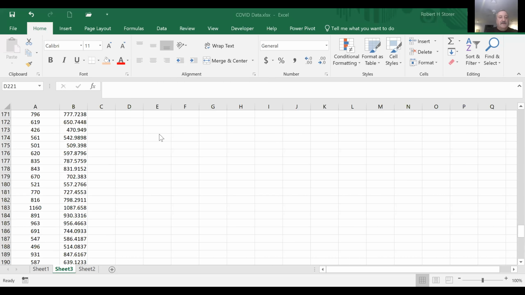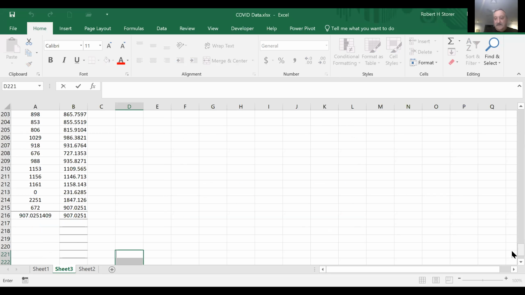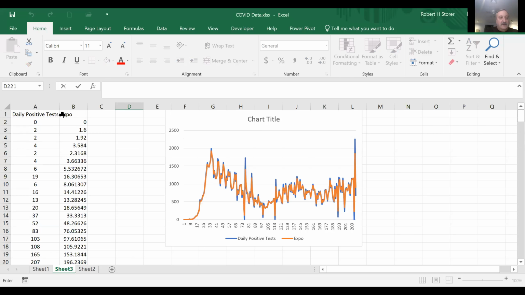So if I go back to my data, I'm going to call this my single smoothing, and then my double, S bracket 2. I just do it again.